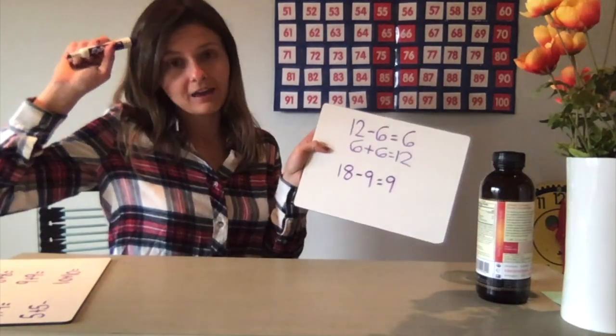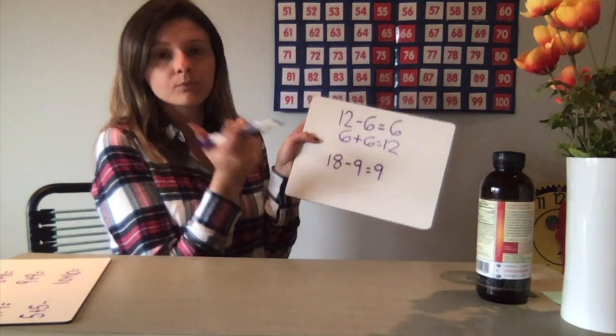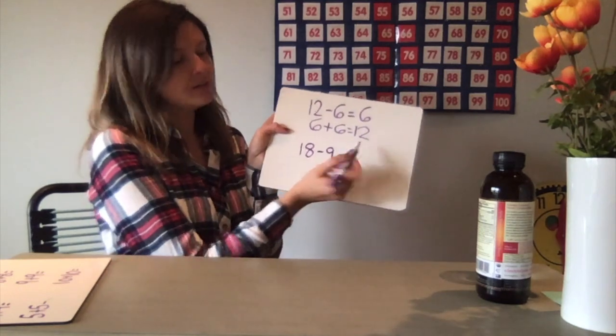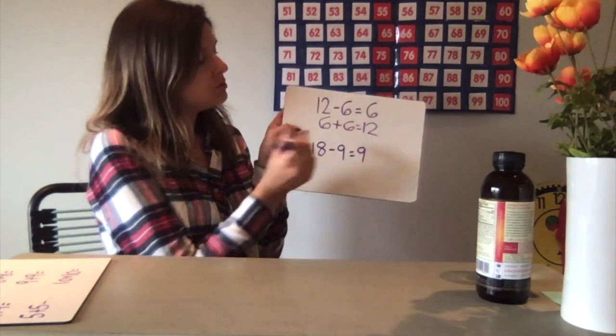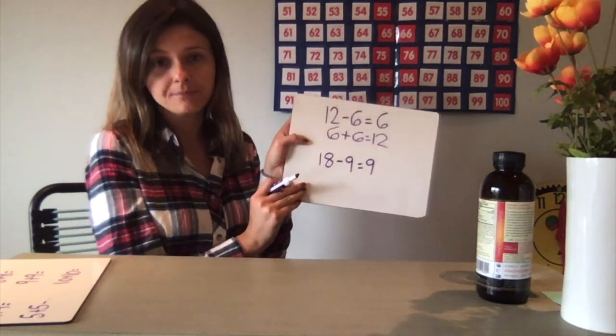And I remember learning about doubles addition. So when I see 6 plus 6, my brain kind of automatically thinks that that's 12. So knowing that double fact helps me then with that takeaway problem.